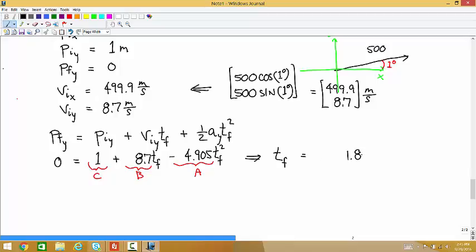1.8 what? Okay, so what else? What are some other numbers? What's the negative one? Okay, negative 2.598, and then I got positive 45.42.